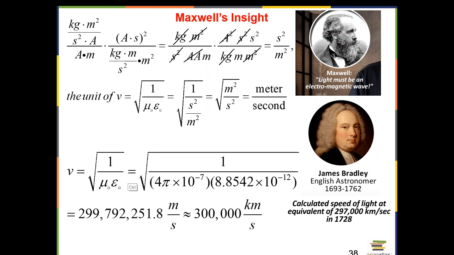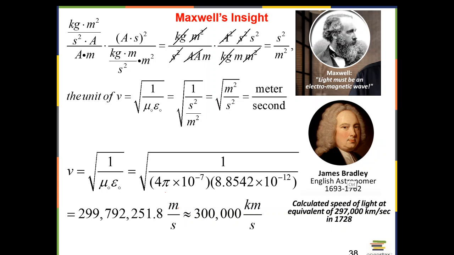So he discovered that whatever he was working with had a velocity of 299,792,251.8 meters per second. Now, what moves that fast?